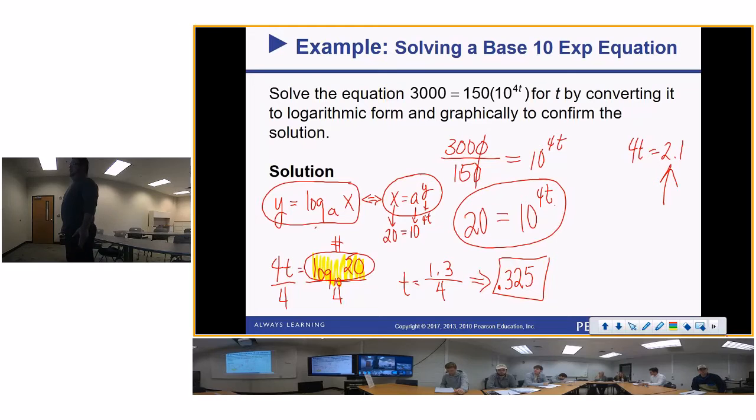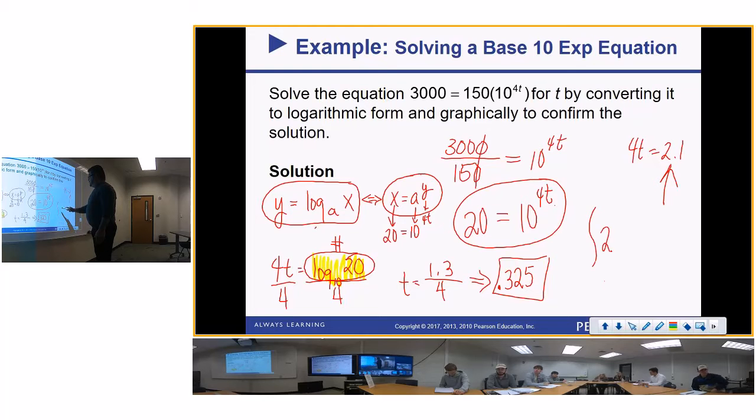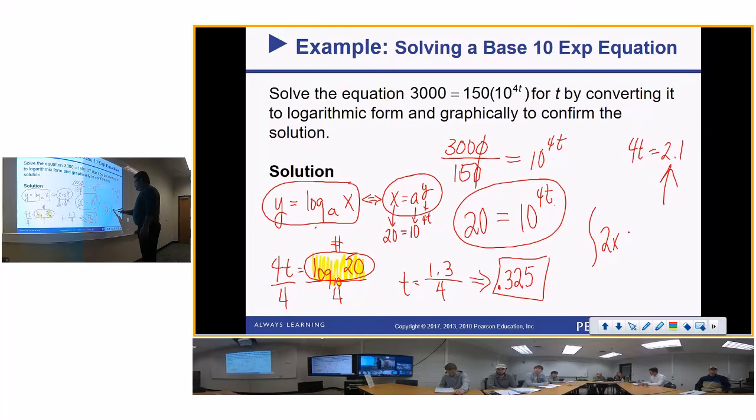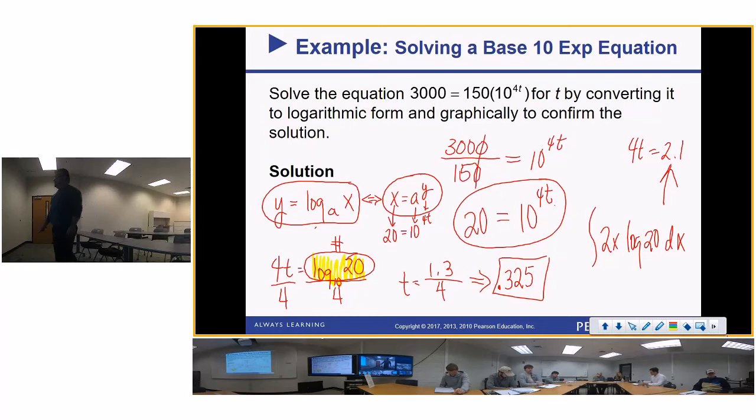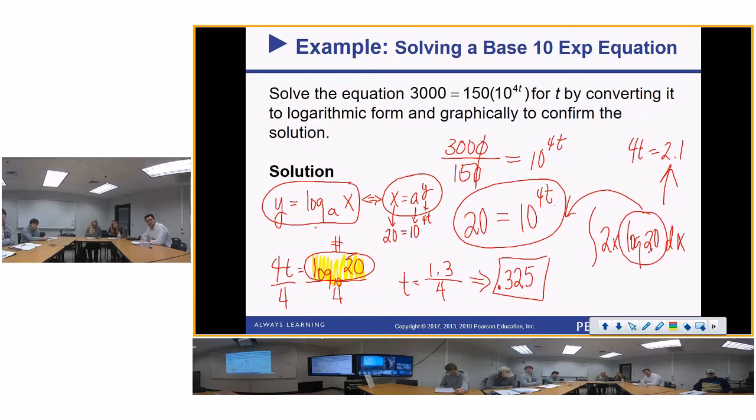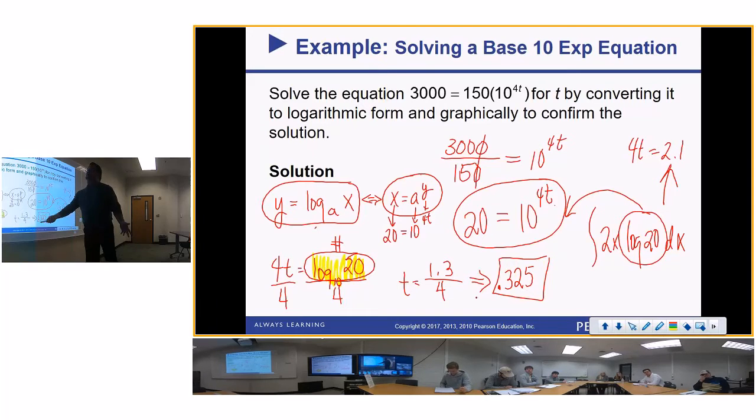So if I want you to take the antiderivative of 2x times the log of 20 dx, now that looks complicated, but it's not, because this comes out because it's a what? What's log of 20? It's a number. So you just pull it out. You don't take the derivative of the log.